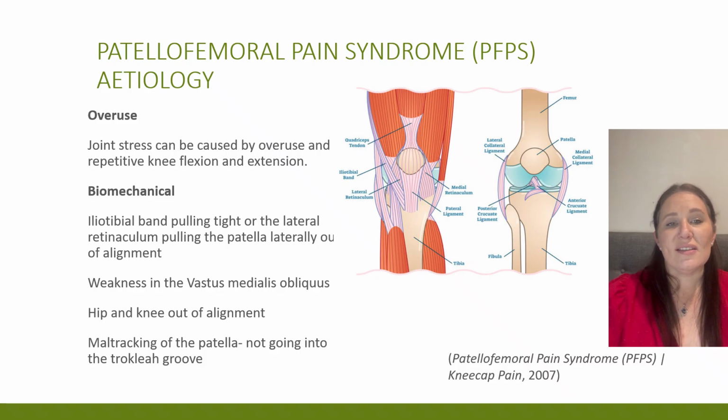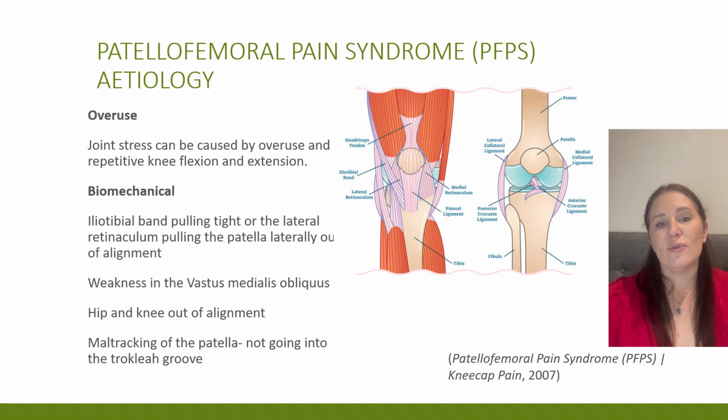Could also be weakness in the vastus medialis obliquus, which could be pulling the patella to the side, in a medial way, and the hip and knee out of alignment, which again could be from the iliotibial band or from other mechanical reasons, or injuries or sprains or strains, and maltracking of the patella so that it's not going into the trochlear groove like it's meant to with movement. So there's grinding and so forth, and inflammation due to it not going where it should be going in the body with the movements.